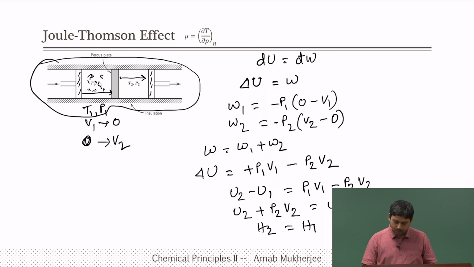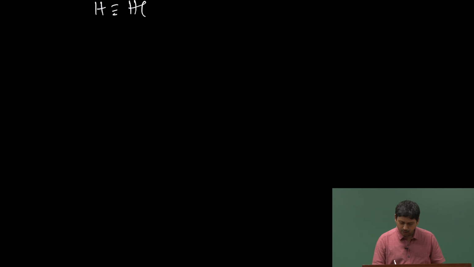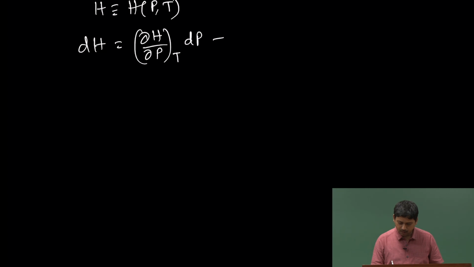So, for that what we are going to do is that we are going to write H as a function of P and T. Remember, I will just remind you again that we can write in whichever variable we want to, however, naturally P and T are going to be important for H. So, let us write the overall thing dH, we are going to do the same way, you can see that del H by del P at constant T dP plus del H by del T at constant P dT.